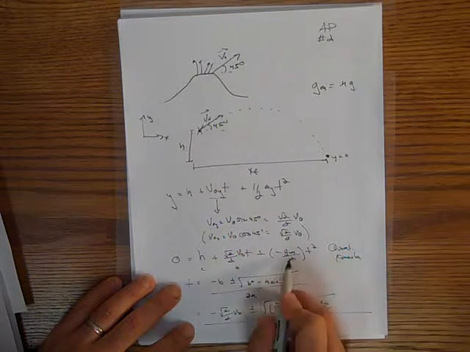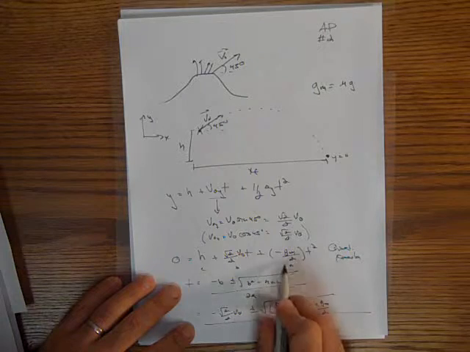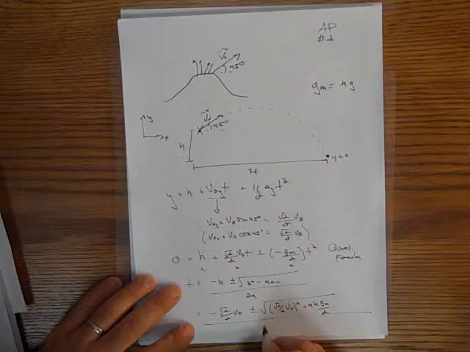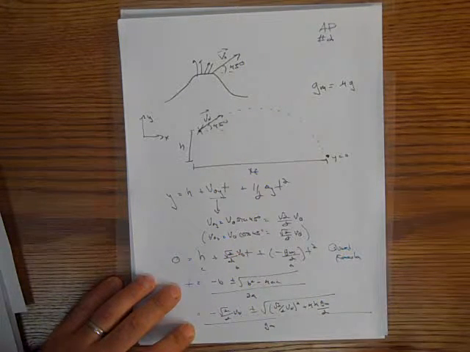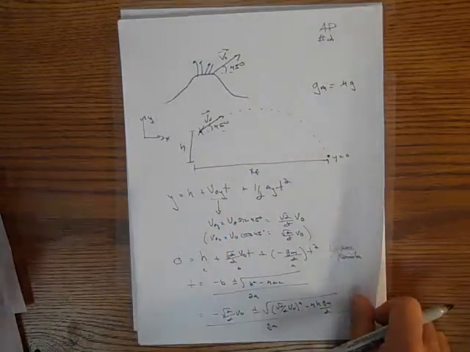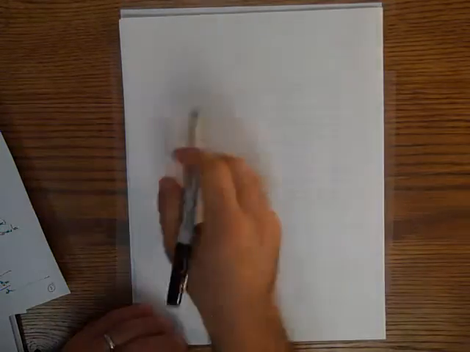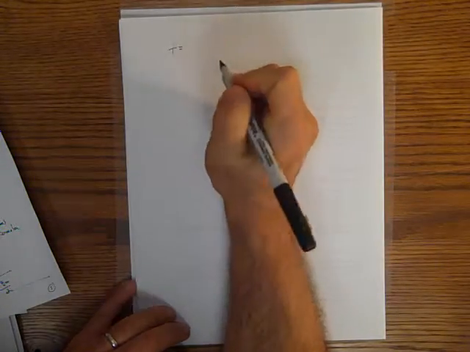Well, a is actually negative, and the 2 and the 1/2 cancel, so I get g Mars. Okay, and so this is the time it takes. Oops, I forgot my negative sign in there.